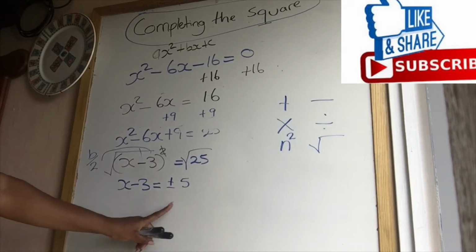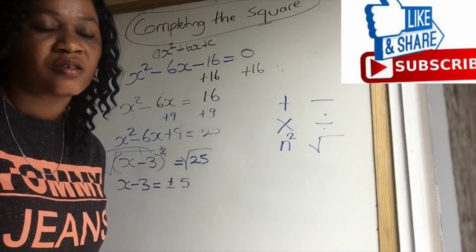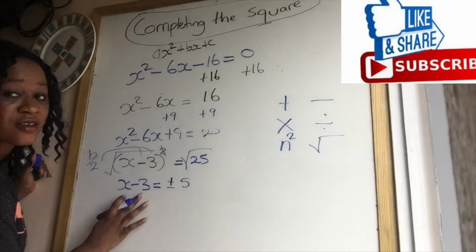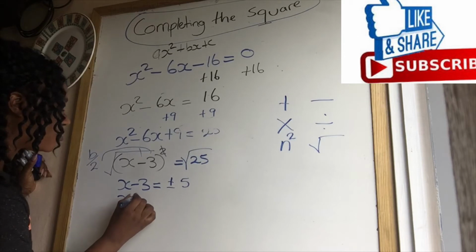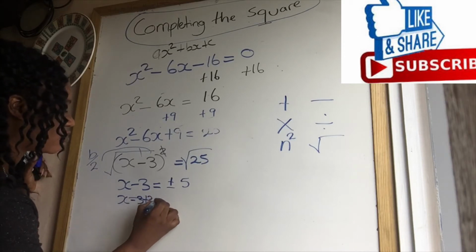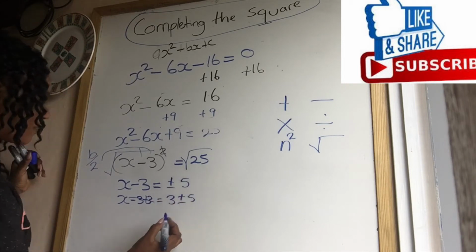Now we're going to clean this up because we're trying to find what x is. Alright? So now we're going to shift this minus 3 from beside x. So this becomes x minus 3 plus 3 because we want to kill it. And this is equal to 3 plus or minus 5. Alright?